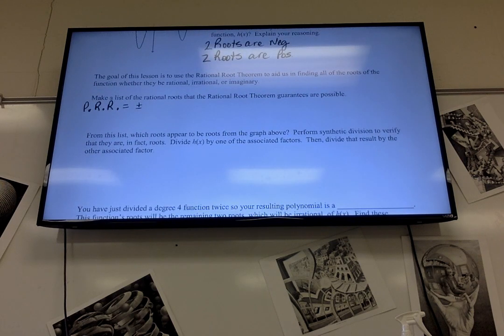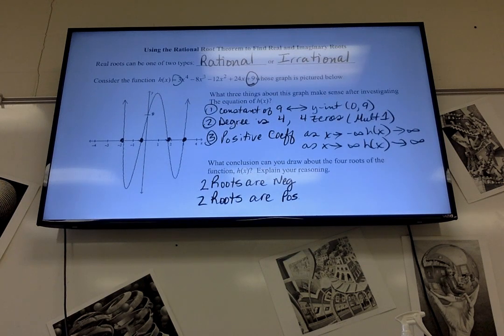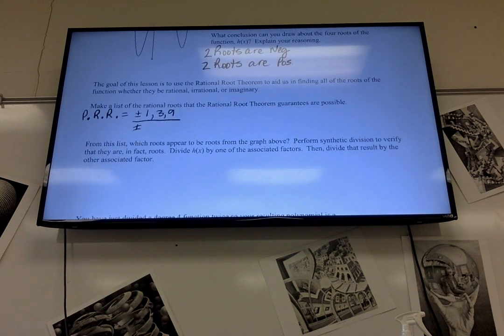So what are my factors of 9? 1, 3, 9. Yep, 1, 3, and 9. Over plus and minus leading coefficient factors. That's a 3. 1 and 3. So we're going to go plus or minus 1 over 1 and 1 over 3.